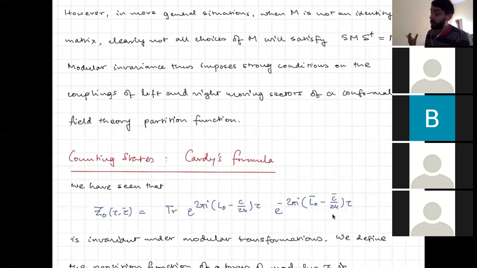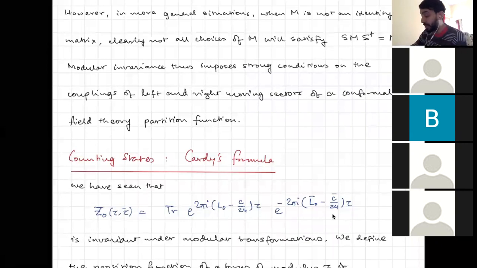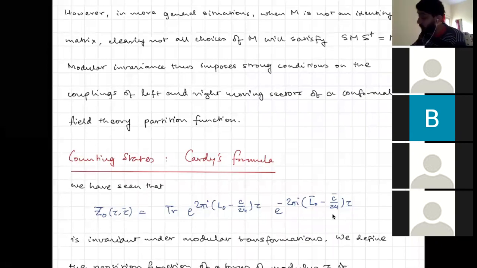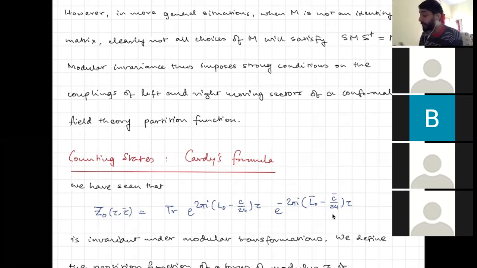Okay, so you see that in this case this particular thing was just one and you didn't have much to do, but if it were some other matrix that you would have got, then you would have had to do more work.